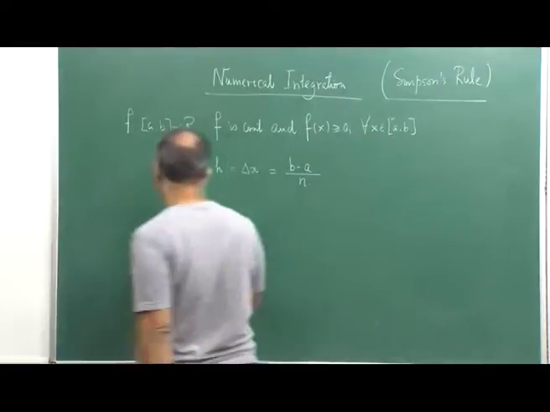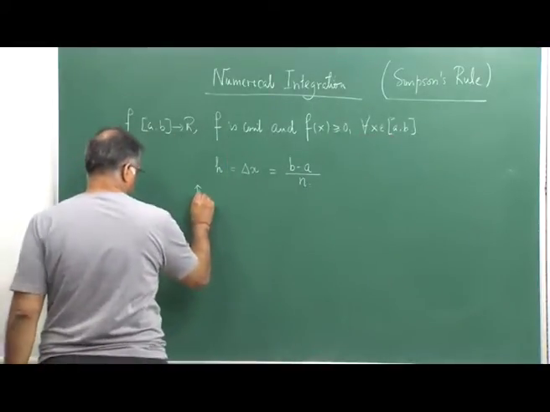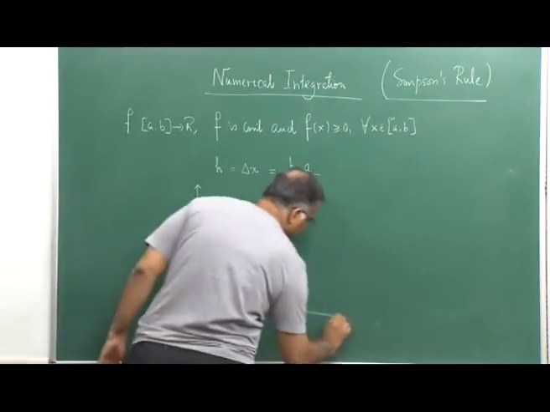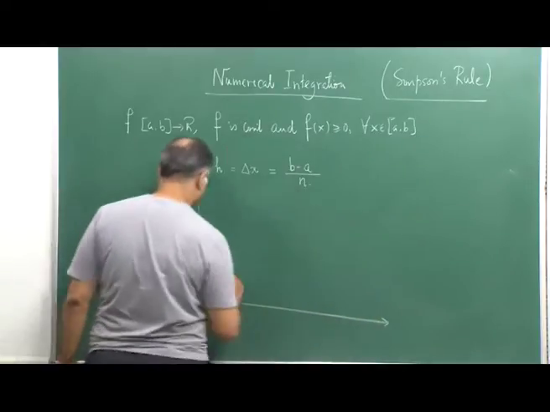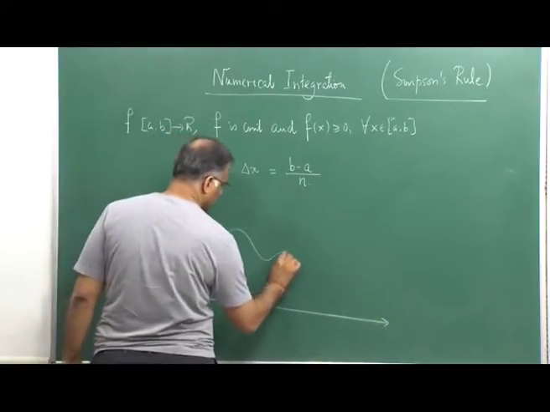In the trapezoidal rule, we worked with 2 points at a time, y0, y1, then y1, y2. Here we will work with 3 points, and that is exactly what I am trying to show you here. This was Simpson's idea. So, here is this curve.